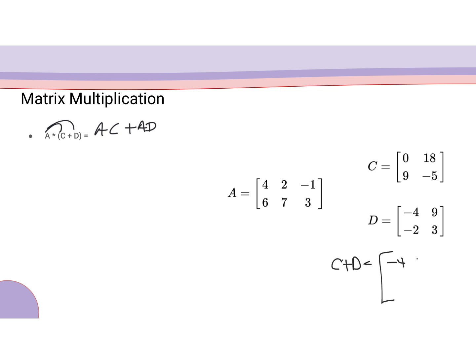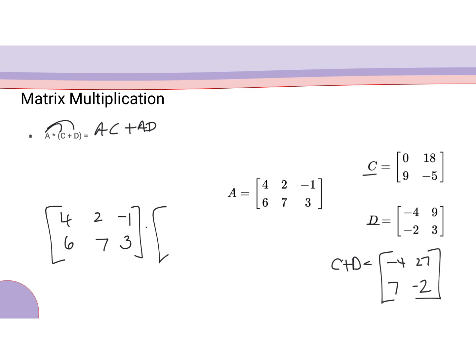So negative 4, 27, 7, negative 2. This is me just adding C and D together. And now that I found C plus D, I can actually just do this multiplication here. Okay. Now, this might be a good time for you to try it yourself.